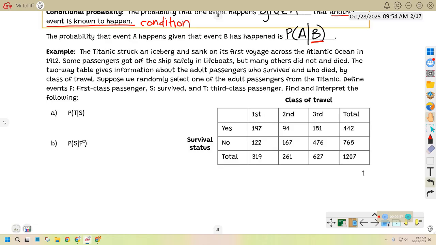So let's go through the pattern that we just used. We know the pattern for P(A|B) is P(both) divided by the condition P(B).